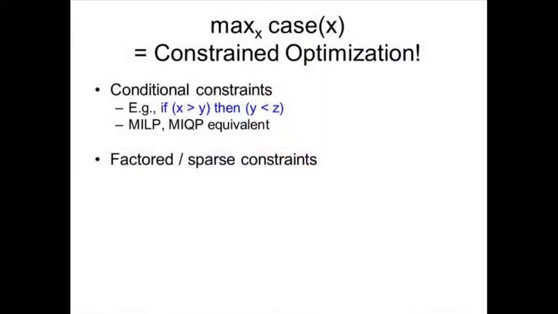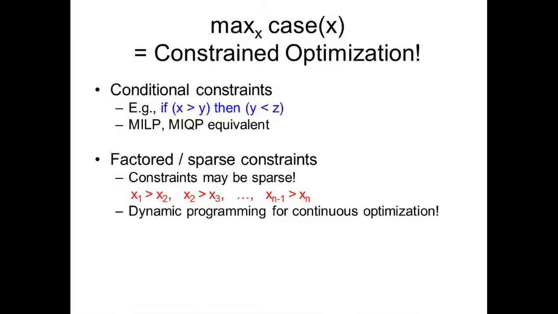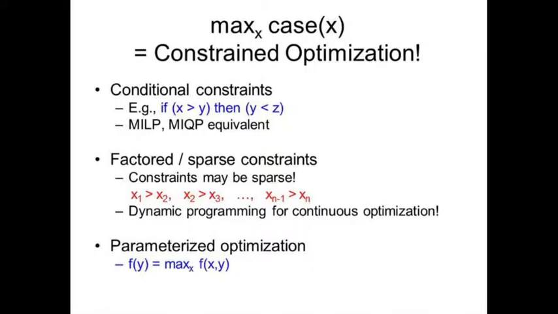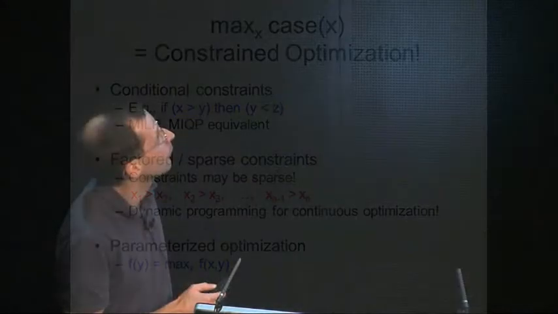Furthermore, if I had a constraint system with sparse constraints, I could use dynamic programming to work with that constraint system. I skipped sequential decision making, so I didn't show you this operation, the max over x. But it allows you to do things like parameterized optimization. If I max out over x in this function, I get the function of y that represents the result.